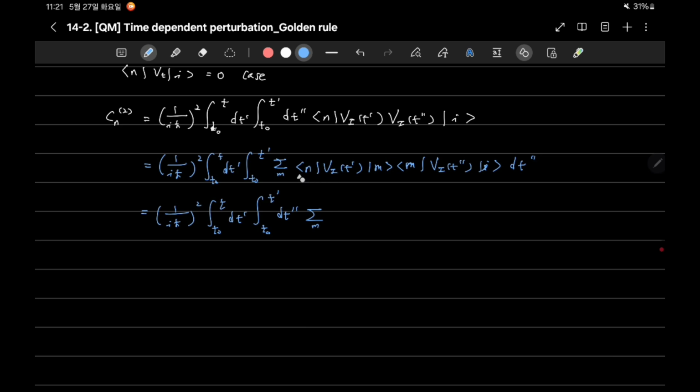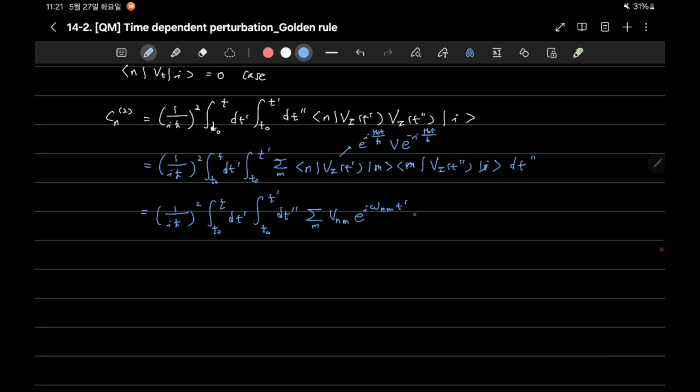Here let's denote this one as V_nm e^(iω_nm t'), because V_I is e^(iH_0t/ħ) V e^(−iH_0t/ħ). So it makes ω_nm t'.